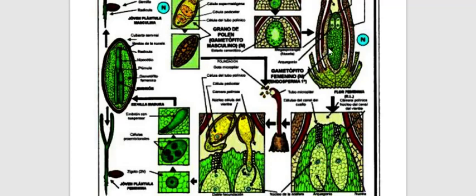The microspores, which are released from the microsporangia, also known as the pollen grains, reach the micropylar tube of the ovule, and this process is known as pollination.